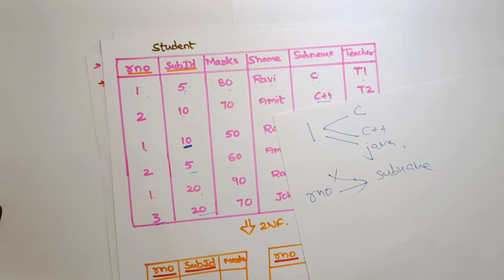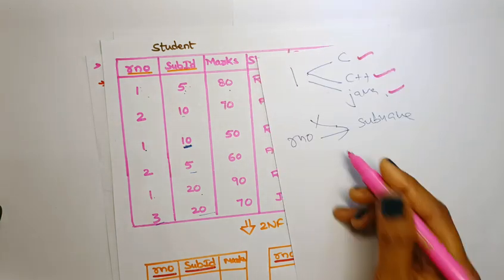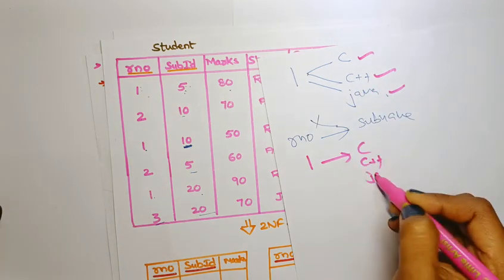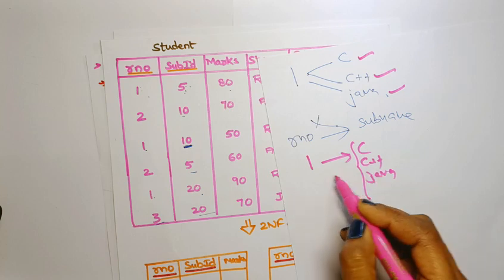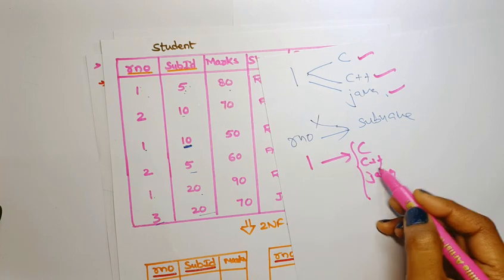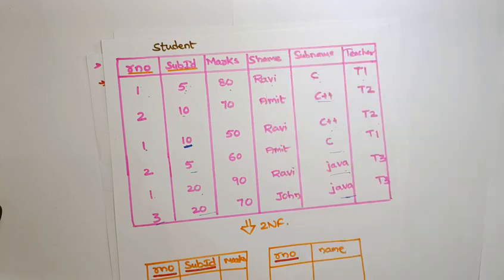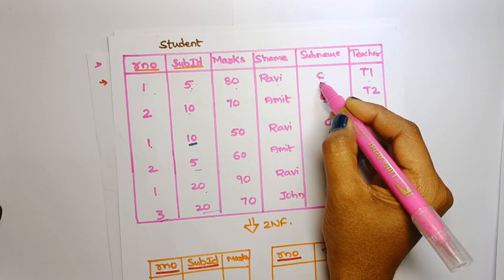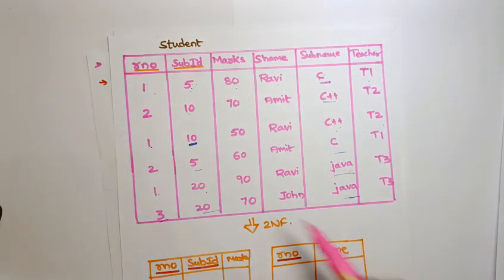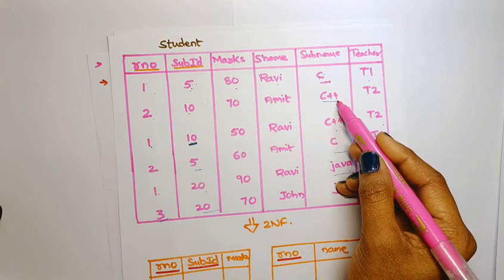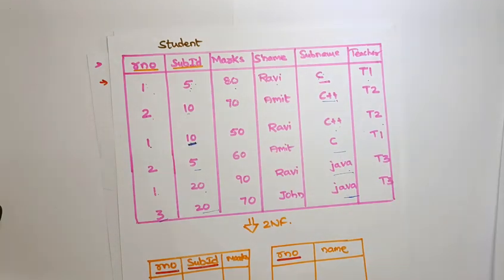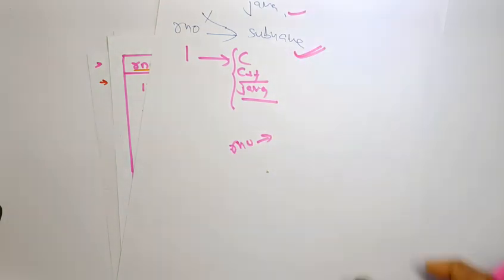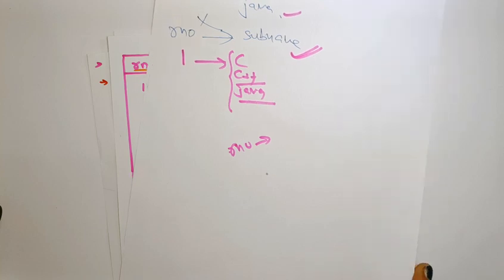Because roll number 1 is having C, C++ and Java. You cannot identify alone whether roll number 1 joined for C, C++ or Java. Like that you cannot. So here roll number cannot determine which course he has joined. Roll number 2 has joined for C++ and C. So roll number alone cannot determine the subject name.